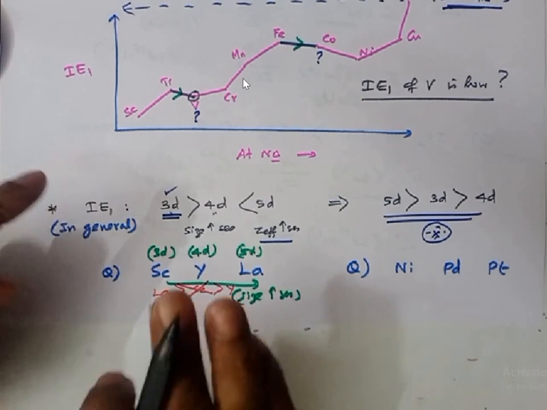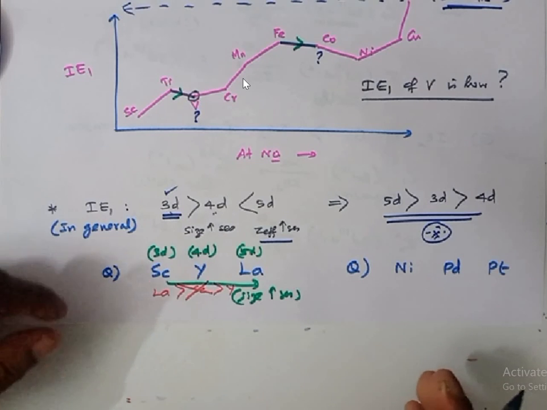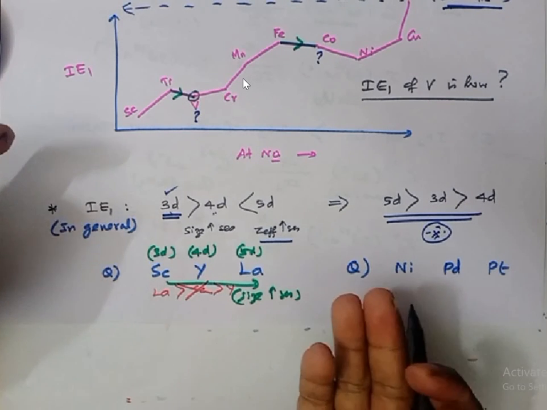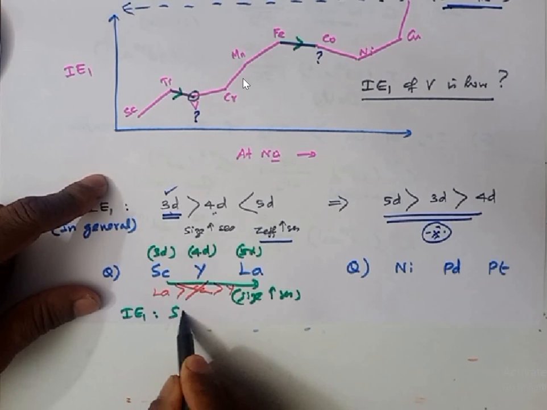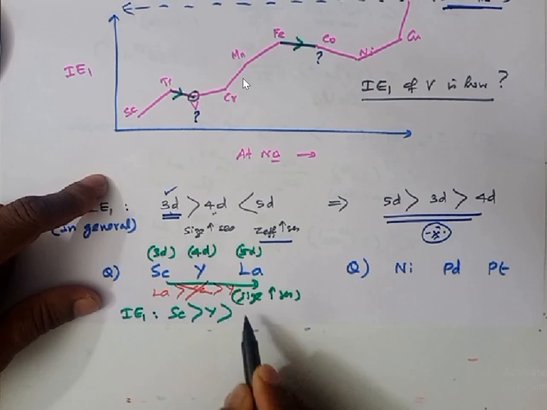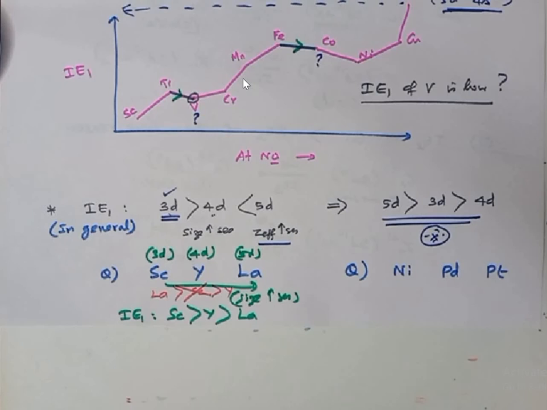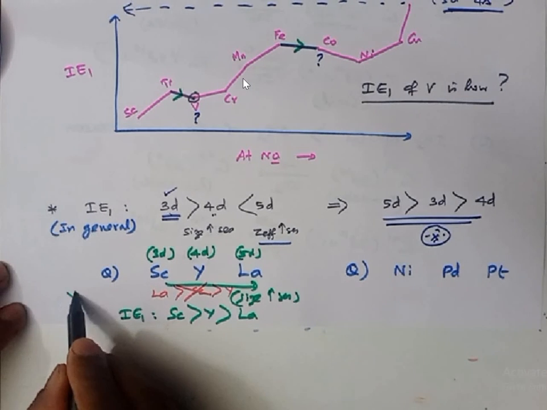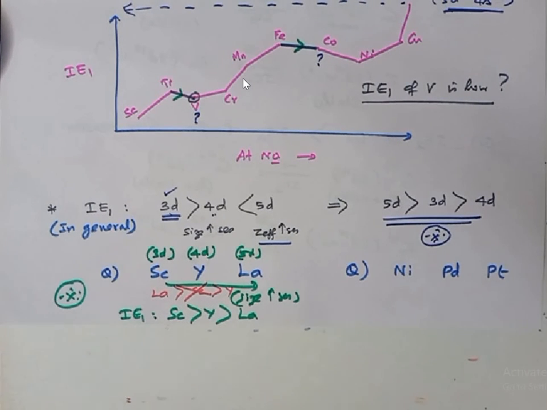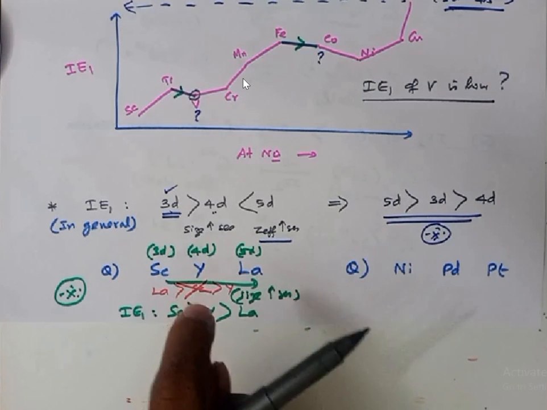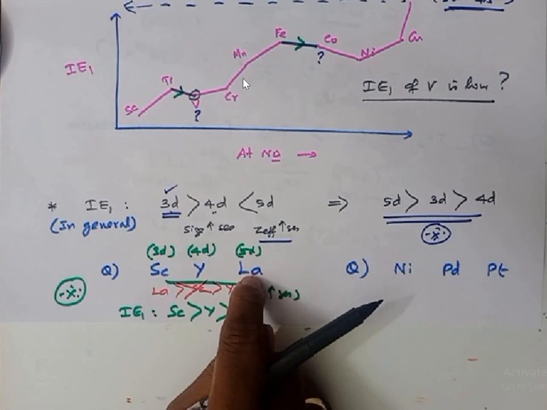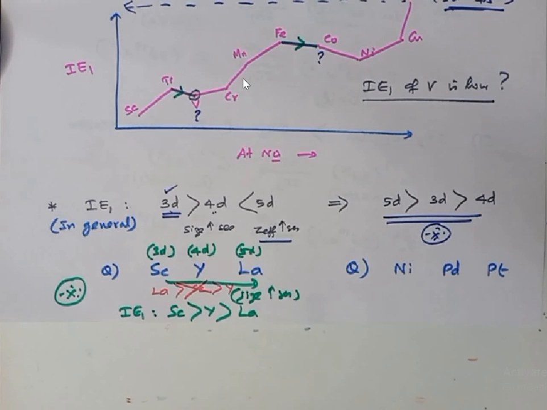Here you need not worry about effective nuclear charge. If size increases, ionization energy will decrease. So the first ionization energy order is scandium, then yttrium, then lanthanum. Student, note down, very important. Here lanthanide contraction never plays a role. Why? In lanthanum there is no 4f electron. Is this clear?